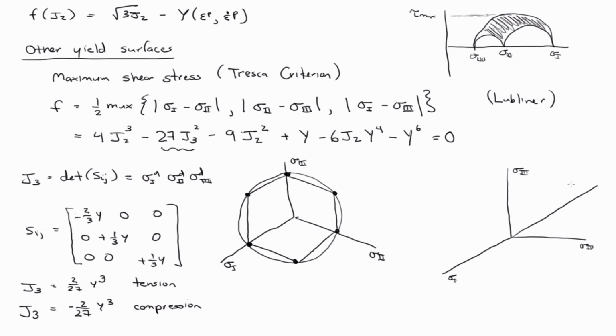Then the Tresca yield surface looks something like this. So it's sort of, instead of a cylinder, it's hexagonally shaped. But it's still infinite in both directions, so there's no pressure dependence yet. There's no pressure dependence in the Tresca model.